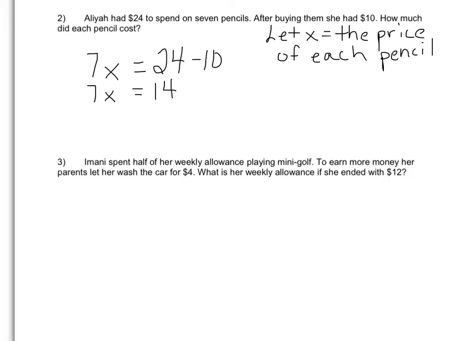We're multiplying the 7 times the x, so we need to do the opposite, which is divide. Whatever we do to the left-hand side, we must do to the right-hand side. 7 divided by 7 is 1. That cancels. X ends up equaling 14 divided by 7 is 2. Therefore, each pencil costs $2.